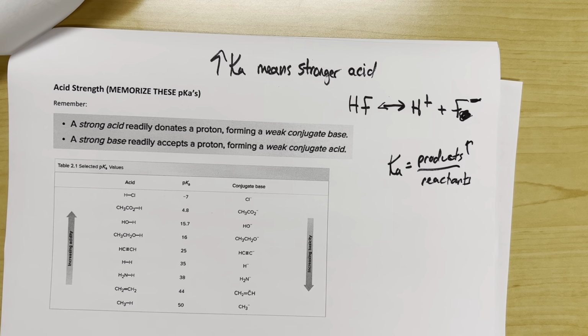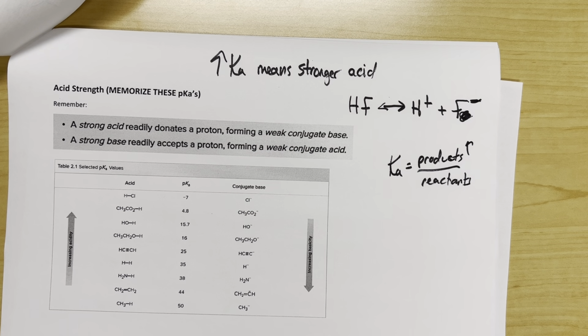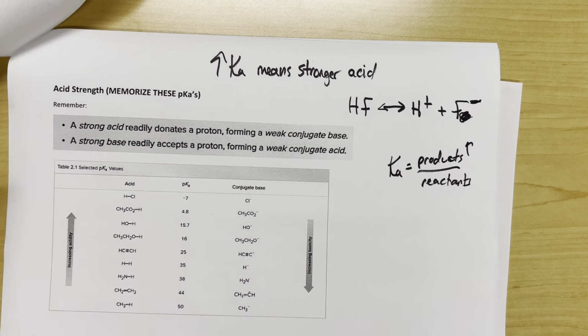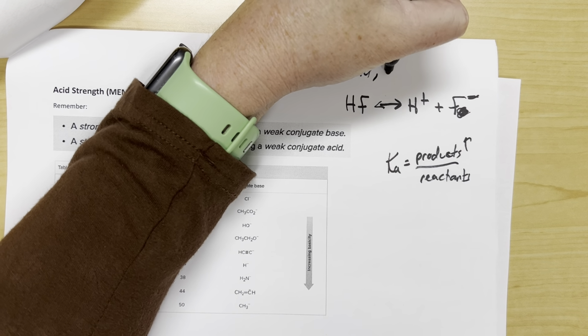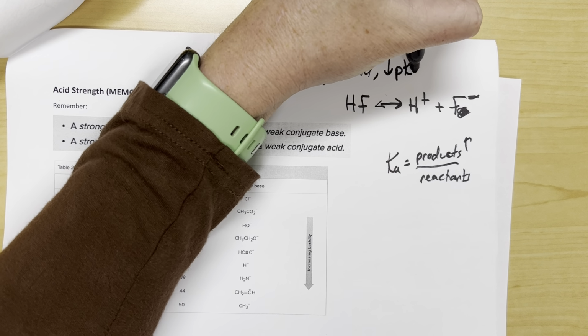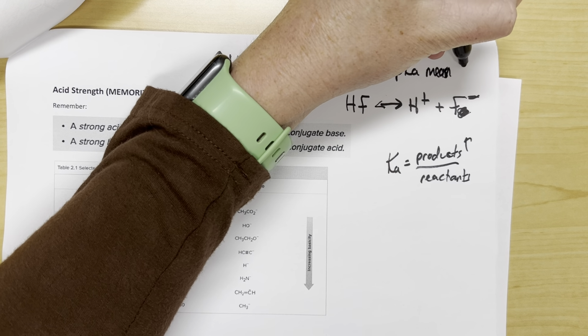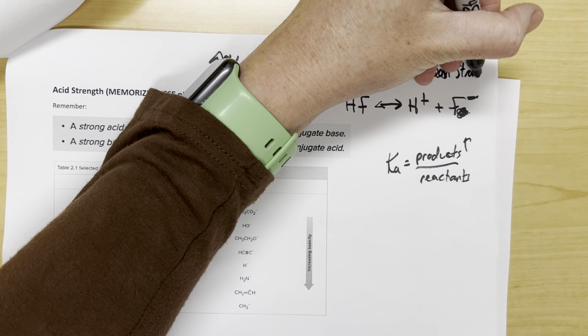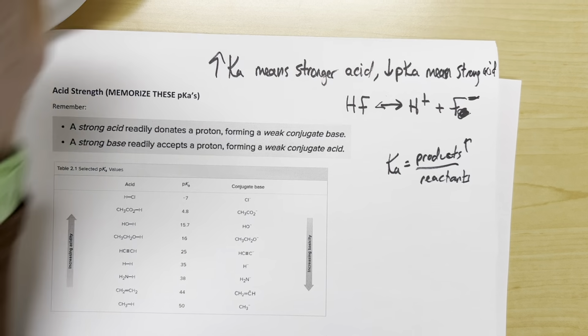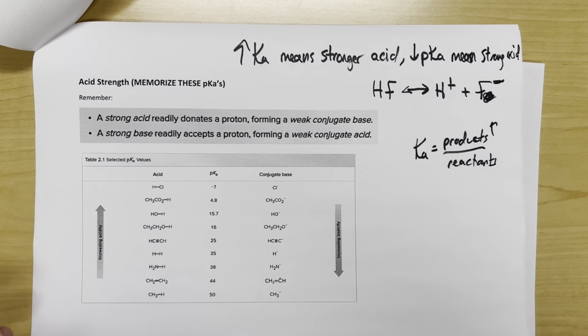But also keep in mind that the pKa is the negative log of the Ka. So you get the opposite. Small pKa means stronger acid. So really low pKa means a stronger acid.